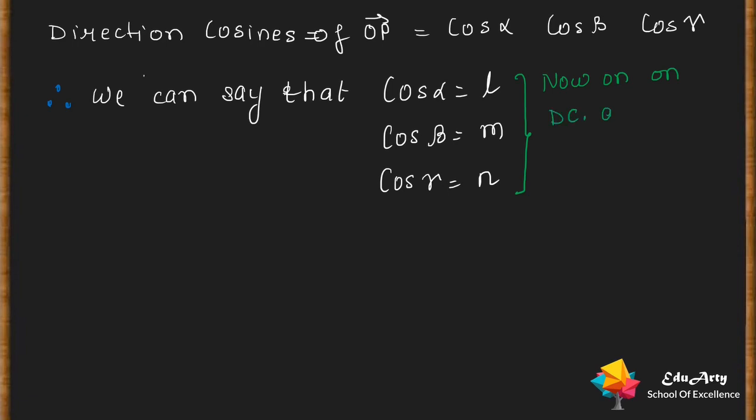Whenever we say l, m, n, we will understand we are talking about cos alpha, cos beta and cos gamma. l, m, n and cos alpha, cos beta and cos gamma are absolutely the same thing. I hope you have understood this. There is no chance of confusion here, correct?